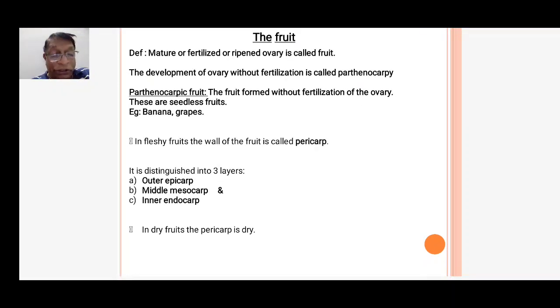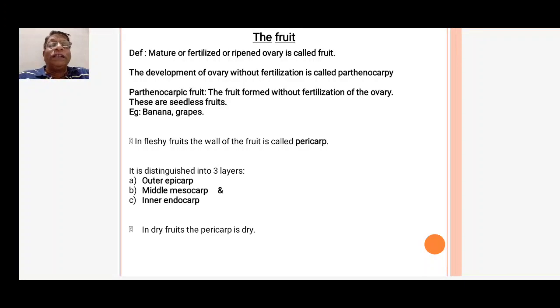The next part is the fruit. We know that angiosperms produce flowers and fruits. Then what is fruit? Or how to define fruit?